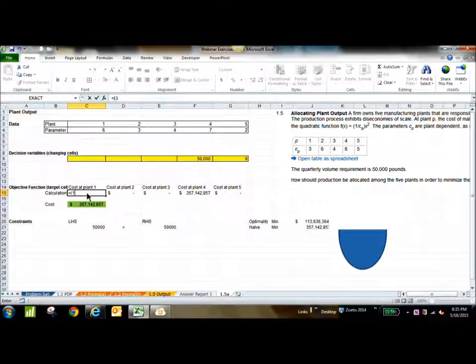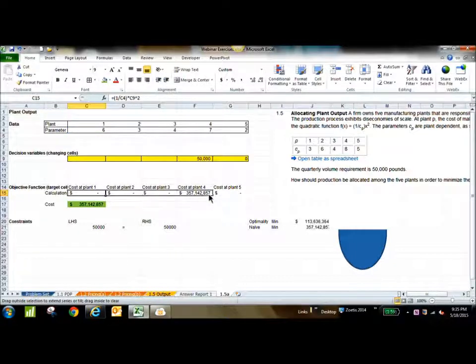I just select CP times, make sure you put it times x squared. So my x is the change in cell to the power of 2. Hit enter, and I just drag this over because I know it's just going to apply to the rest of the cells. Now let's go to 1.2.